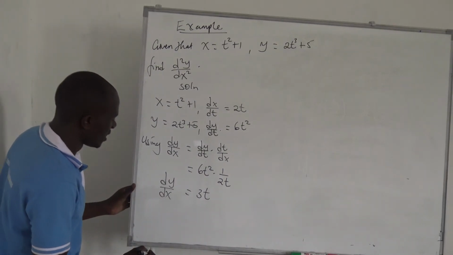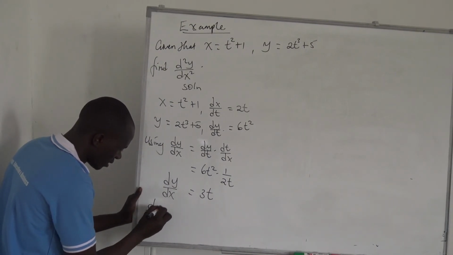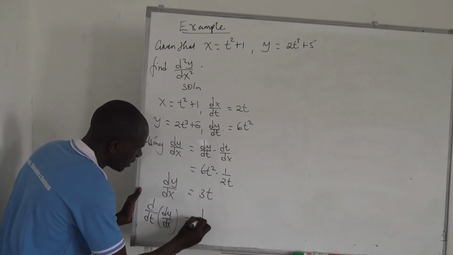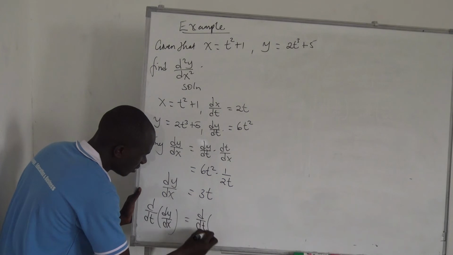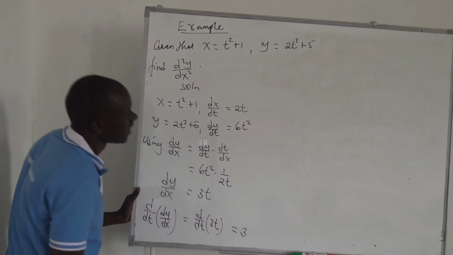Now, when they say get d/dt of dy/dx, which is the same as d/dt of 3t, what are you getting? You're getting 3.